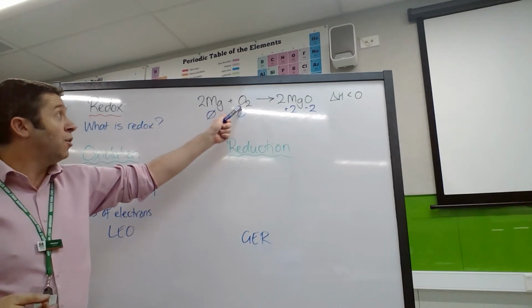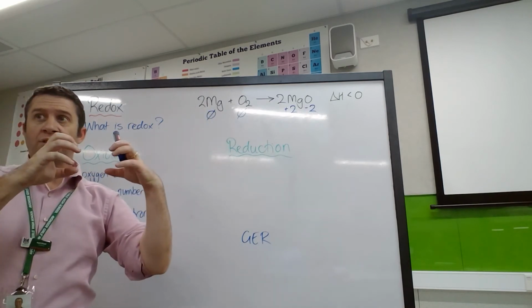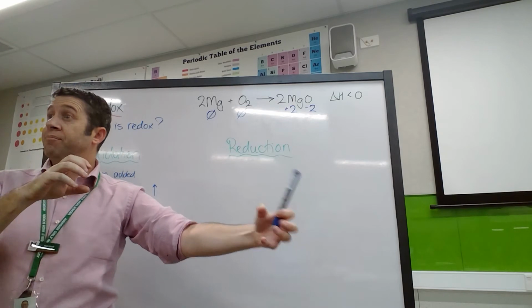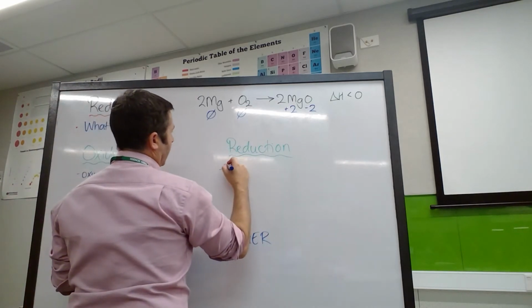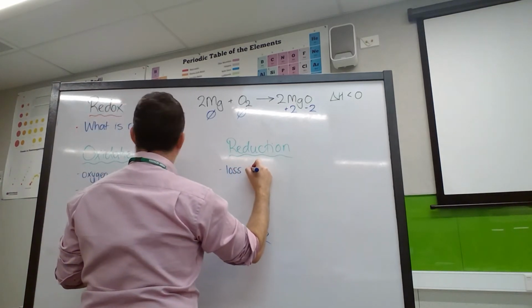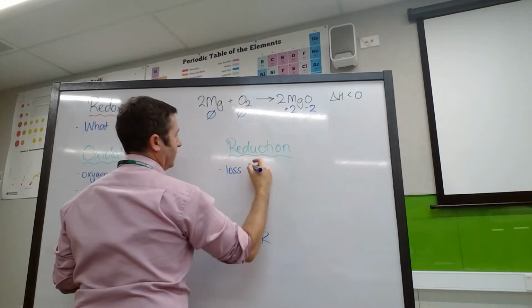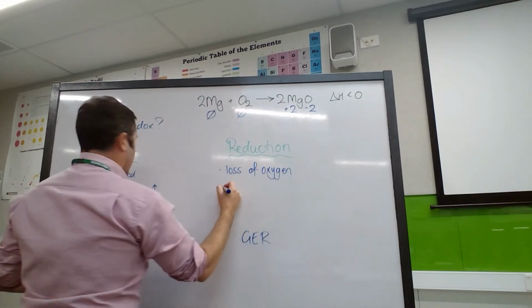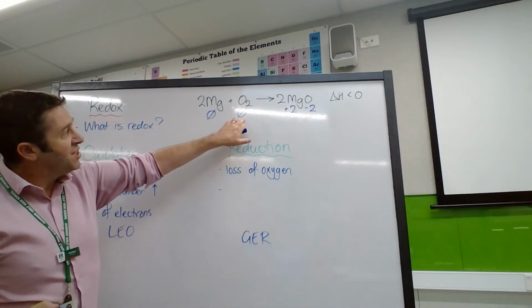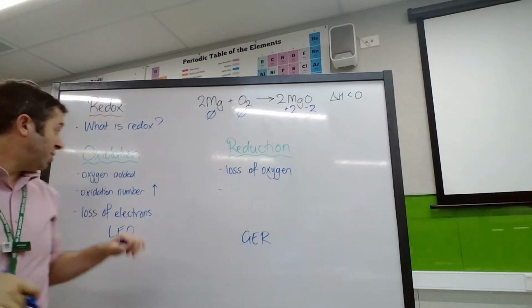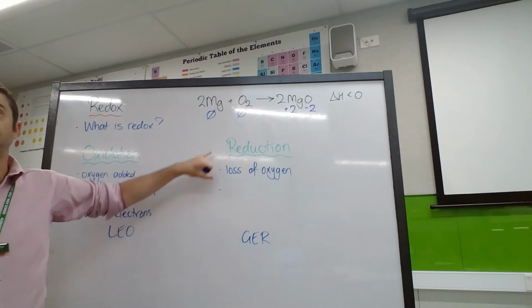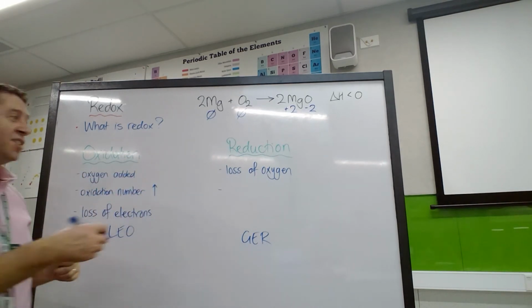Well, yes, in the O2, as a molecule, it lost one of its oxygens to magnesium. So it did lose an oxygen. Its oxidation number went from 0 to negative 2, so it reduced, the opposite to this. Hence the word reduction, by the way. Reduction of oxygen, reduction of oxidation number.